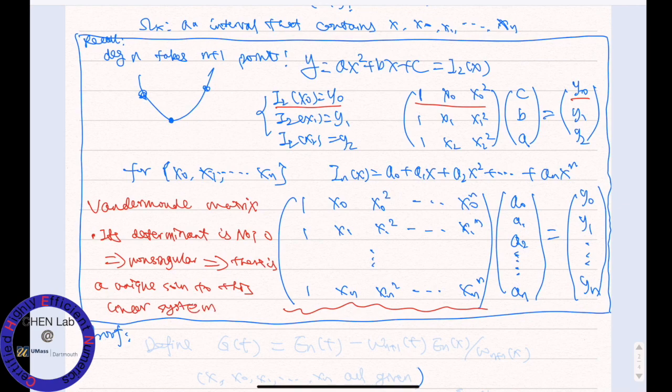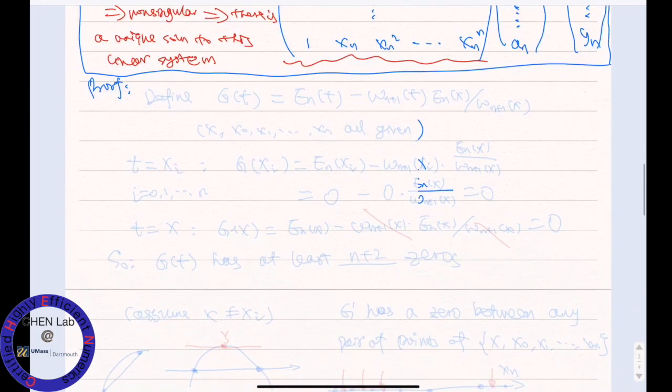So you solve it, you get the coefficients. That's your polynomial. It will be different from the way we just constructed a polynomial. They're both fine, okay?